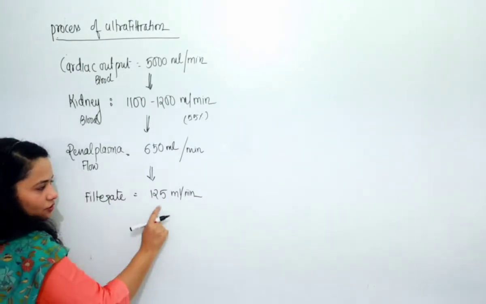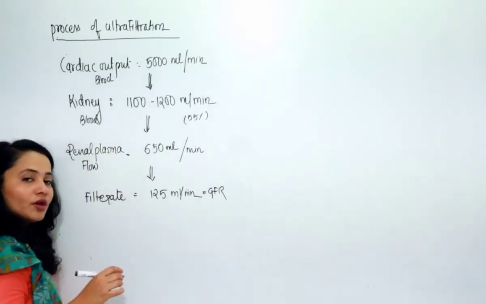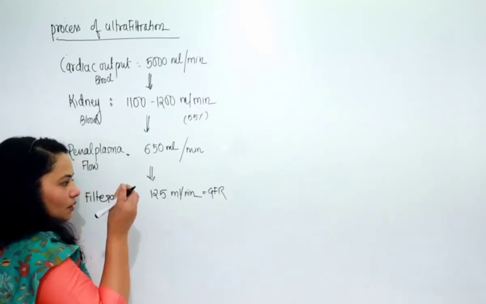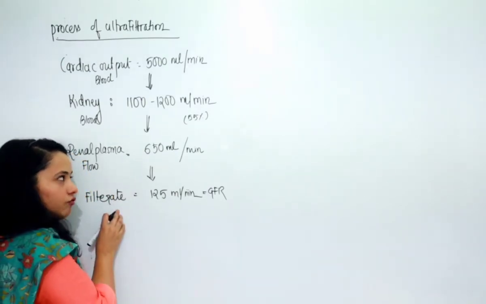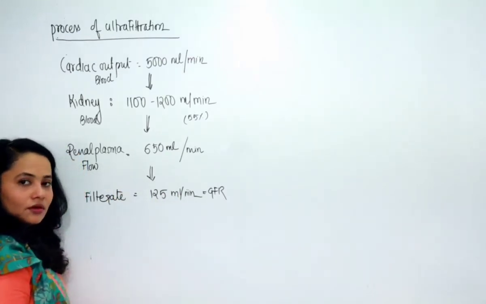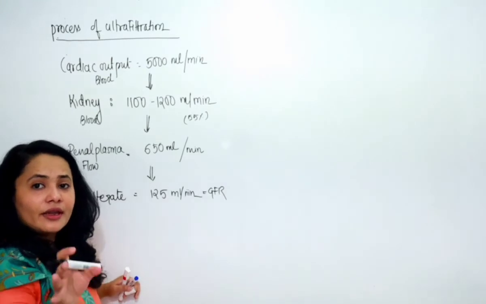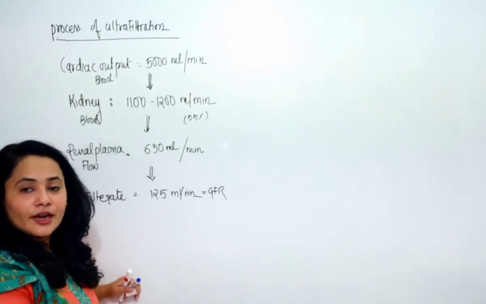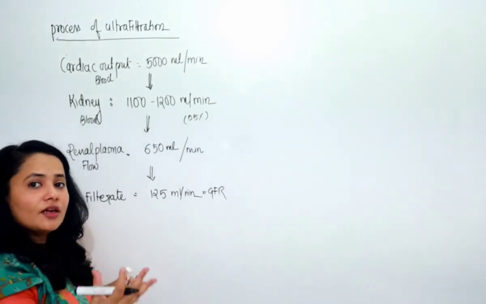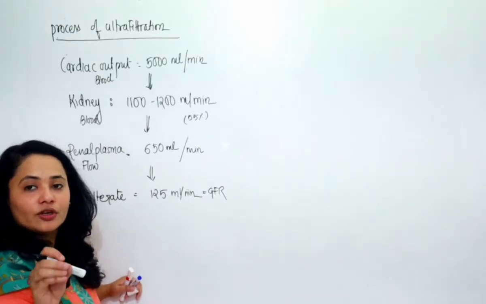This particular structure is known as GFR, that is glomerular filtration rate. And how will you define that? The amount of filtrate formed by the kidneys per minute is known as glomerular filtration rate. How much filtrate our kidney makes in one minute, or how much blood is filtered and how much filtrate comes out, that is what you call glomerular filtration rate.